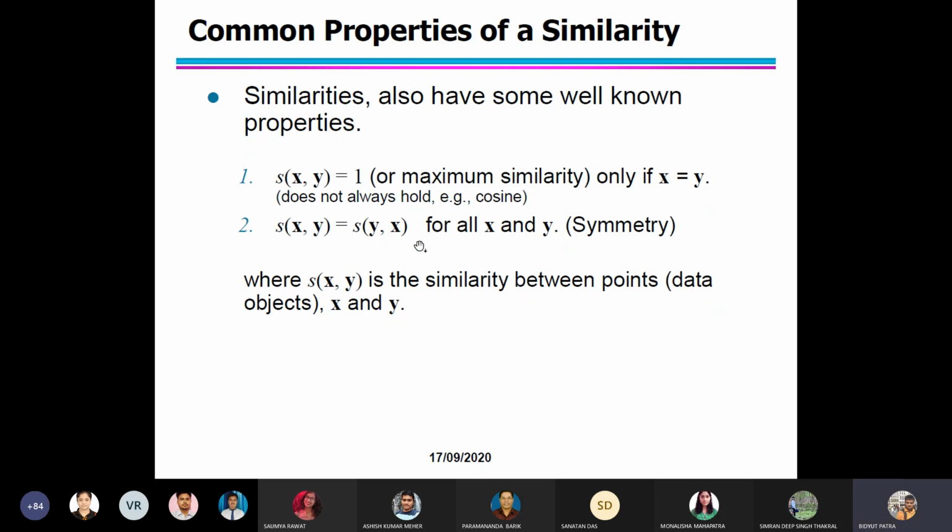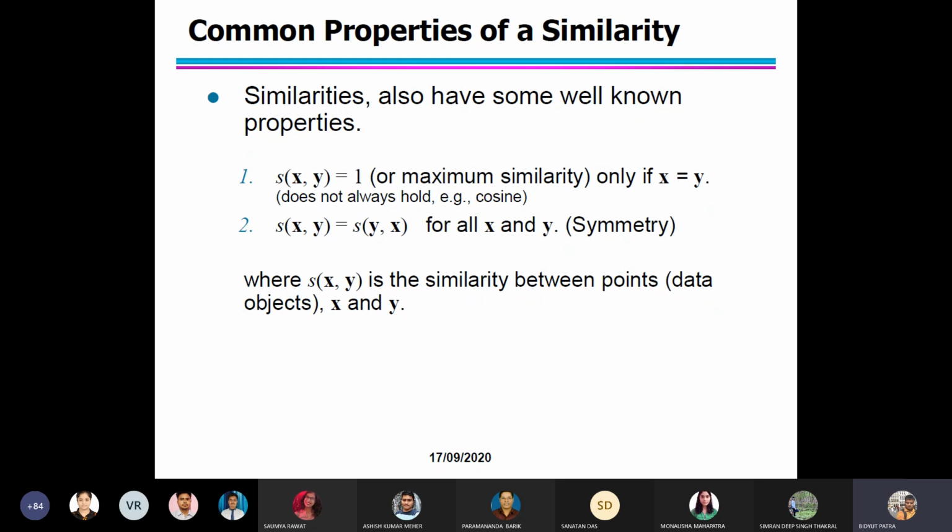But as I said, in many applications it's not necessary that the distance should be symmetric, or similarity measures may not be symmetric. One example: you might be a friend of someone else, but she or he may not consider you a friend.